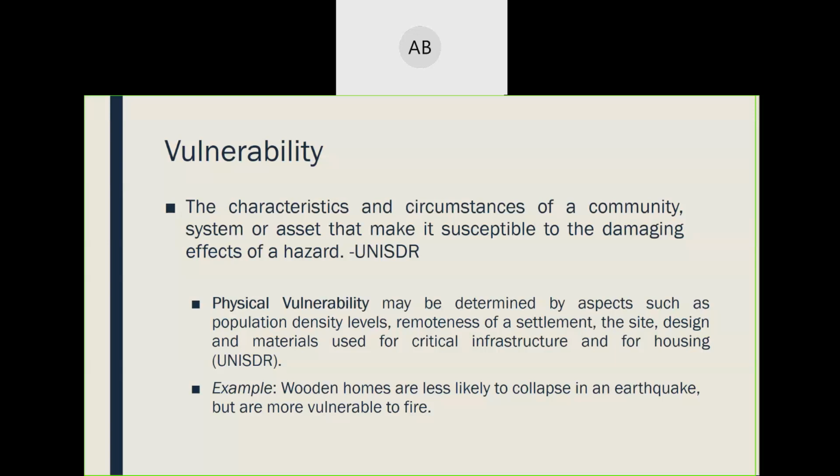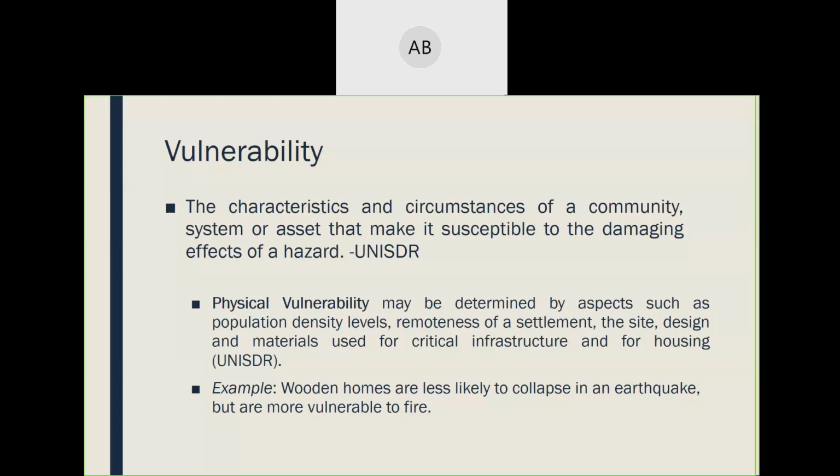If I say that I can go to minus 50 degrees centigrade and still get a swim in the ice cold water, I am zero vulnerable. That means I am not affected by that environment. If I say that I am 50% vulnerable, or 0.5 vulnerability, if I do such a thing that I will catch a cold, then there is a 50% probability that you get a cold or you do not get a cold.